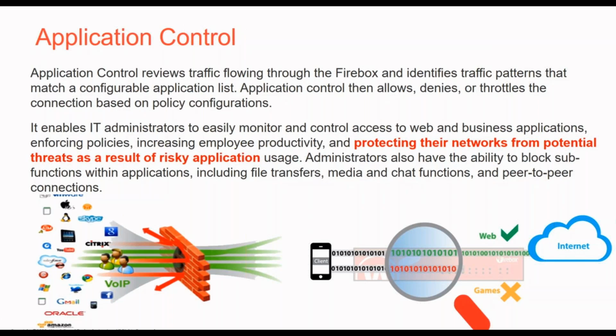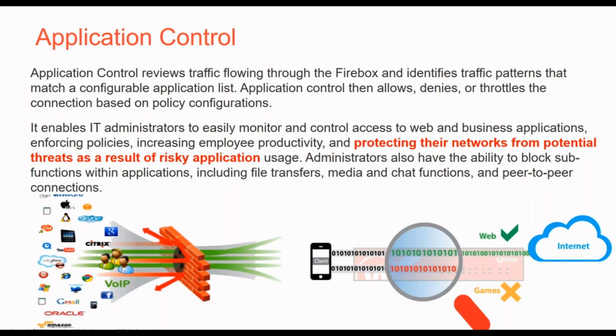The second one here is application control. Mainly, it's a database that is updated whenever the operating system is updated, and it controls the traffic flowing through the Firebox. It enables the IT administrator to monitor and control access to web and business applications to enforce policies and increase productivity.